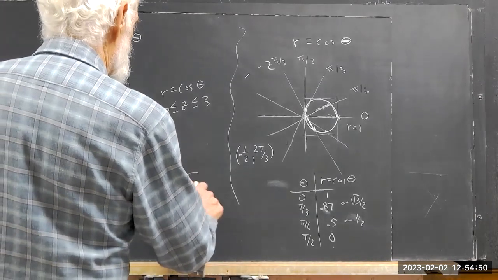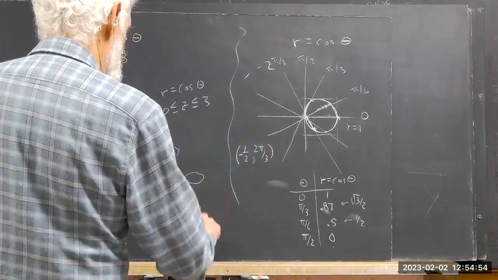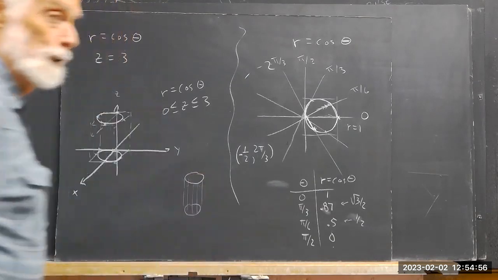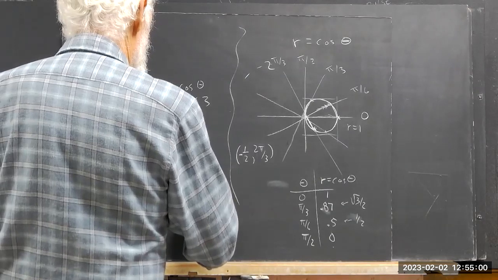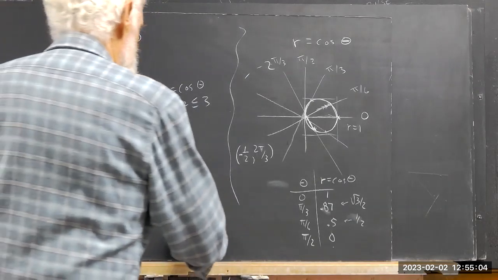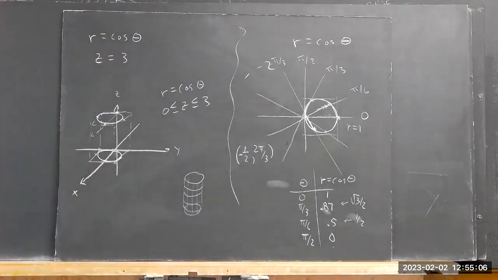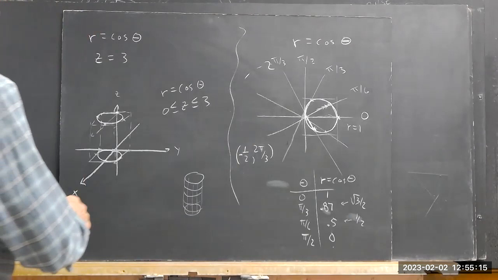It'll look something like this. And then you can kind of do this, and you've got a fairly decent representation. Within the limits of your artistic ability, you can kind of sum it up.